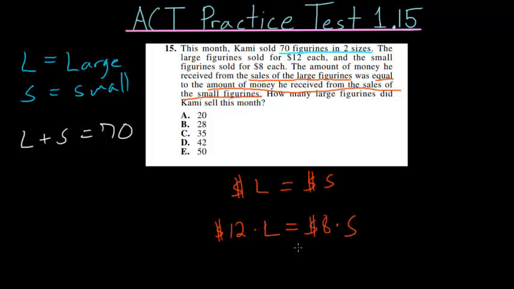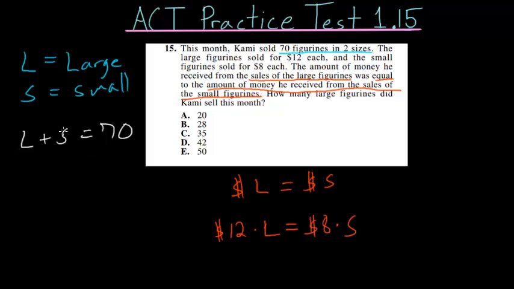So from here, with this system of equations, what we want to do is solve one of the equations for one of the variables, and then plug that equation into the second equation. So what I mean by that, let's start with the simpler equation. L plus S is equal to 70. I'm going to solve for S, because we're eventually trying to figure out how many large figurines Cami sold.